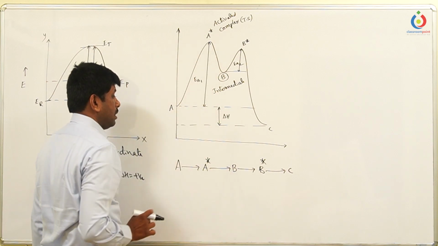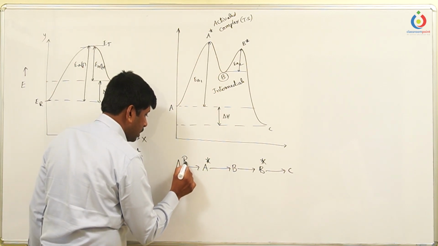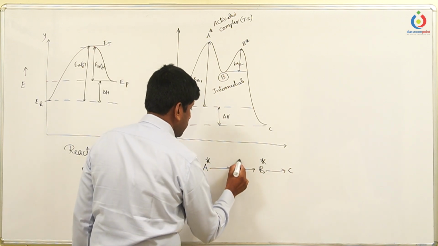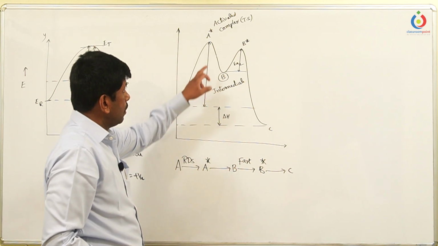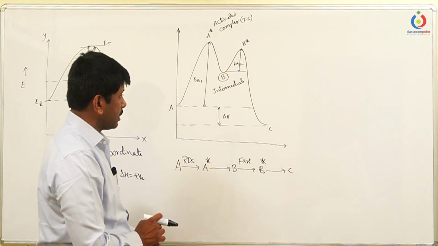Higher the activation energy, slower the reaction. That means A to A star is called the rate determining step, and B to B star is called the fast step. So this is the rate determining step. This is the fast step of the reaction.